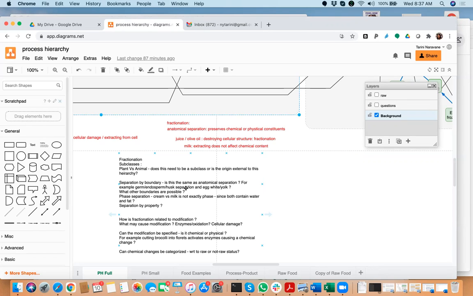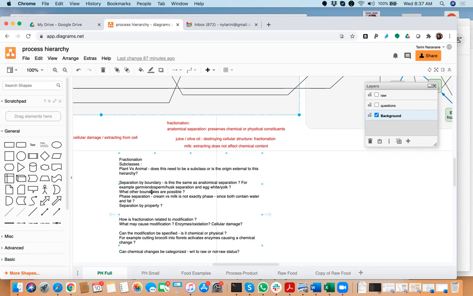Is there an anatomical separation where there is no boundary? Then there is a phase separation, so milk versus cream, or buttermilk versus butter. Would that be a phase separation, or is that separation by some other property like density? Let me stop there with the questions, and then we can go on to the other questions, but maybe there's already a lot of comments here.